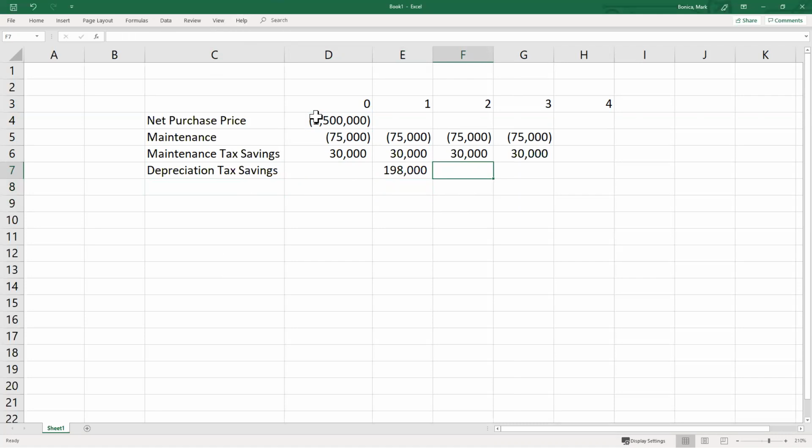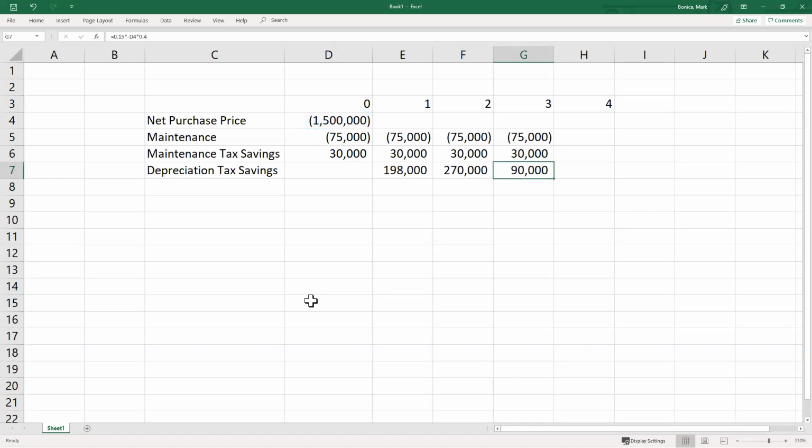So then in year 2, we also have depreciation, and it's 45%, so 0.45 times 1.5 million times 0.4 for the tax rate gives us a depreciation tax savings of 270,000. Then in year 3, the MACRS amount is 0.15 times the net purchase price times 0.4.